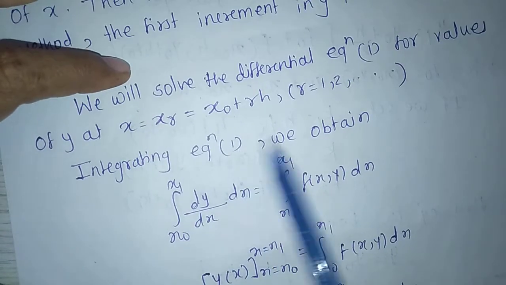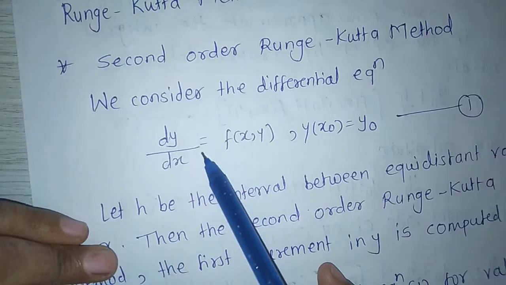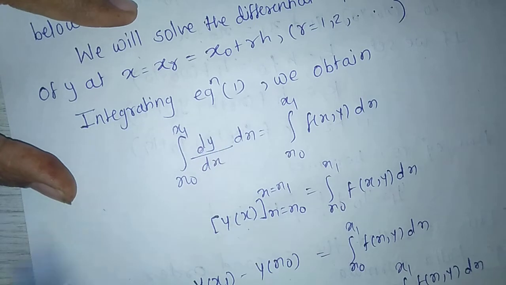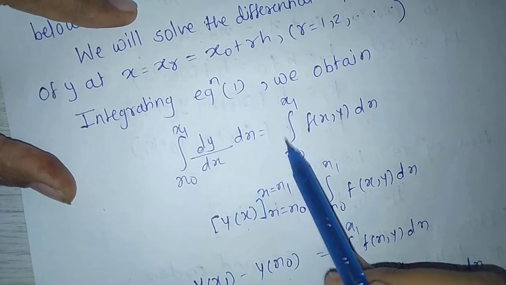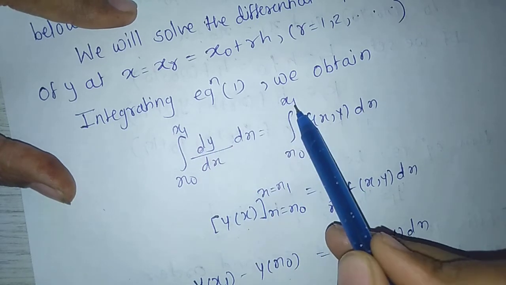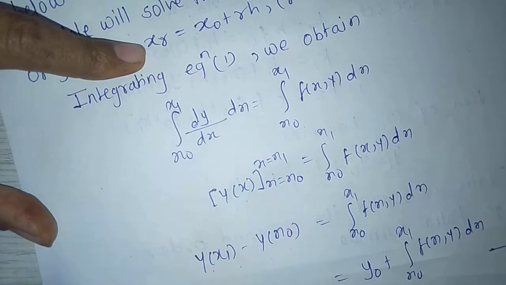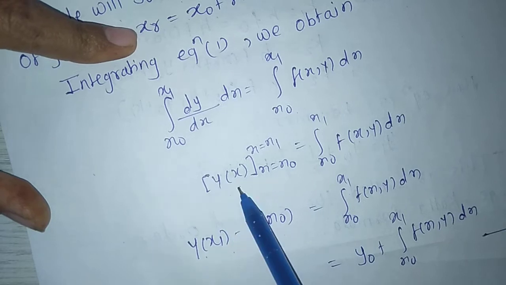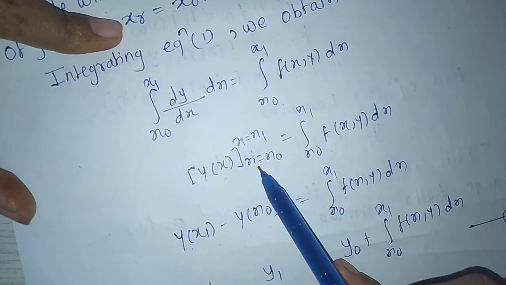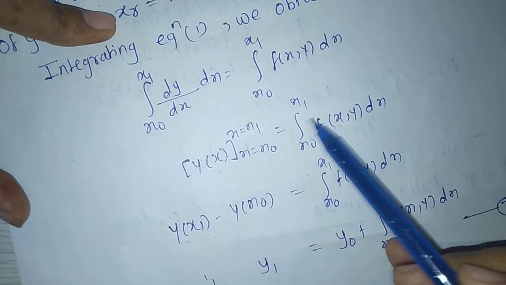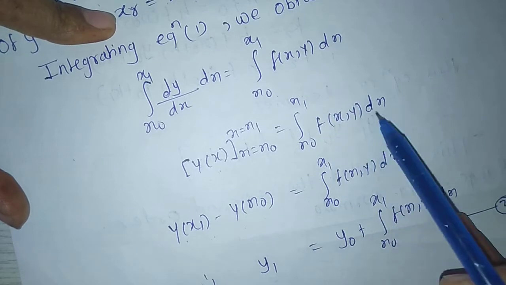Integrating equation 1 we obtain integration x naught to x1 of dy by dx into dx equal to integration x naught to x1 of f of x, y dx. Integration of dy by dx is y of x, with limits of x from x naught to x1, equal to integration x naught to x1 of f of x, y dx as it is.